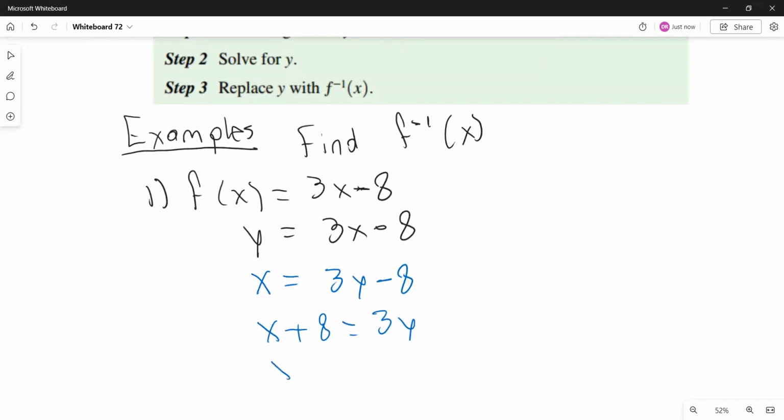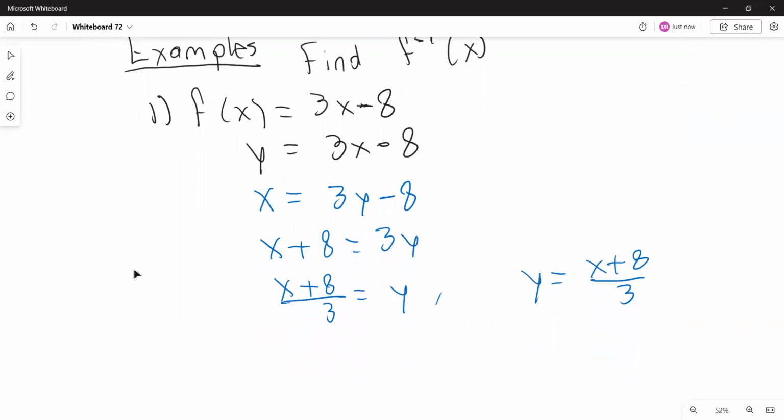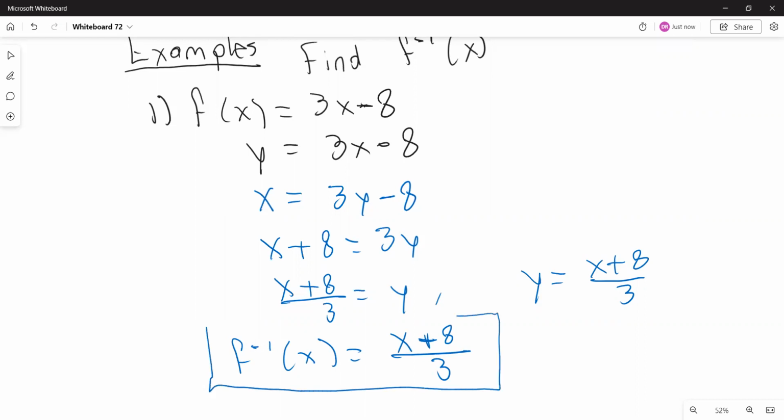So x plus 8 over 3 is equal to y. Step number 3, replace y with f inverse. So f inverse of x is x plus 8 divided by 3. And that's it. So yes, we have the inverse of f.